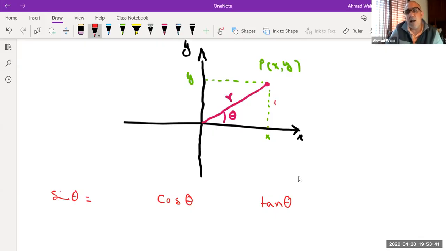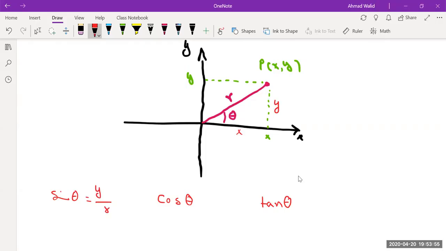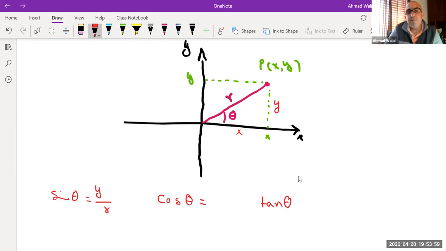This is your Y, this is your X, right? Then Y over R is your sine theta. What is cosine of theta? X over R. And what is tan theta? Tan theta is Y over what?